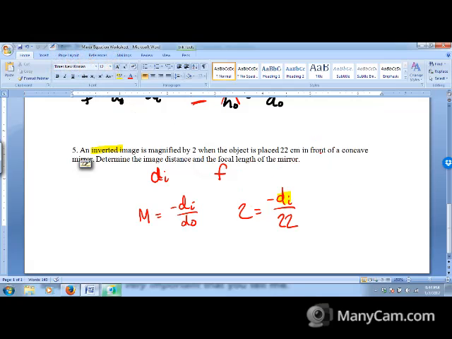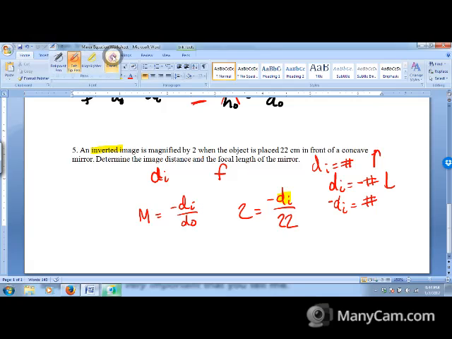So basically, if di is some number, then it's upright. If di is a negative number, it's inverted. If di is a negative number, then negative di is equal to a number, by multiplying both sides by a negative.